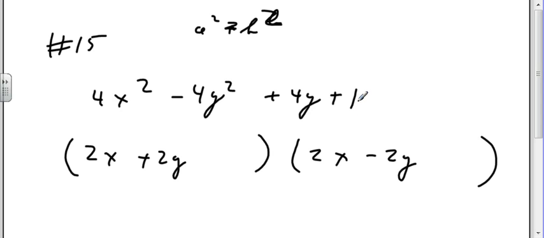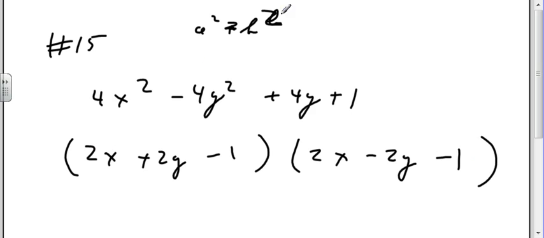Because there's the 2x squared, that term goes away. But if I put a minus 1, then I can have a 1, right?